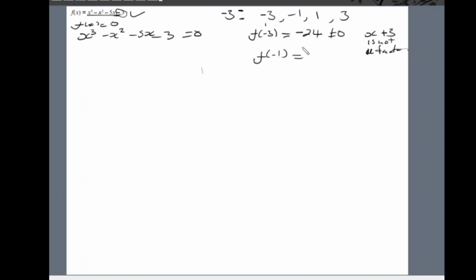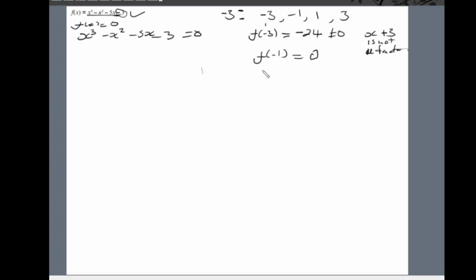So in my calculator where I see x, I just put -1. So I'll have -1 cubed minus -1 squared minus 5 times -1 minus 3, and then you get 0, right?